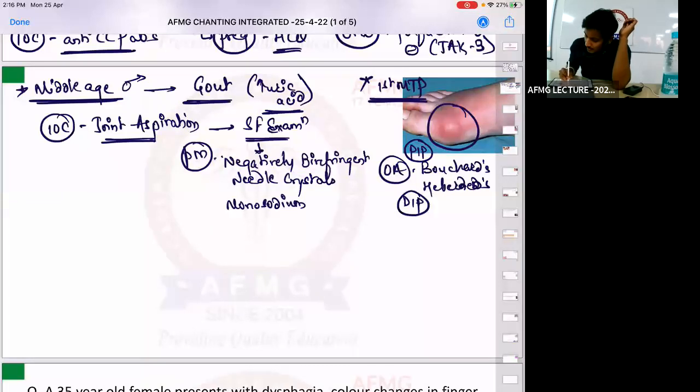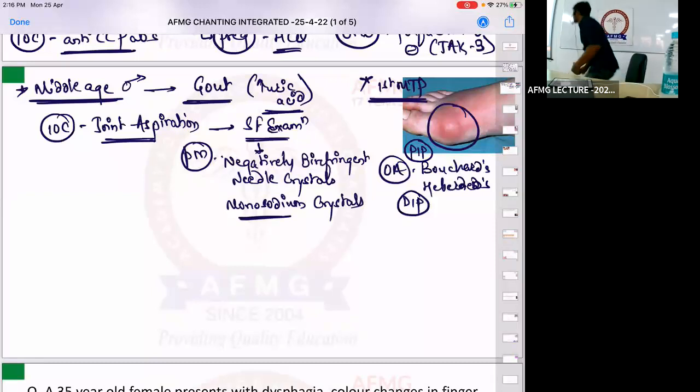So please remember which crystals are seen in cases of gout: under polarized microscopy they would be negatively birefringent, and needle-shaped. Positively birefringent rhomboid-shaped crystals are calcium pyrophosphate crystals, a feature of pseudogout.